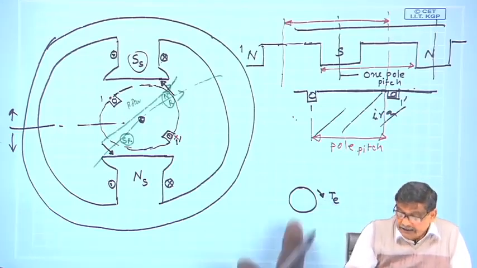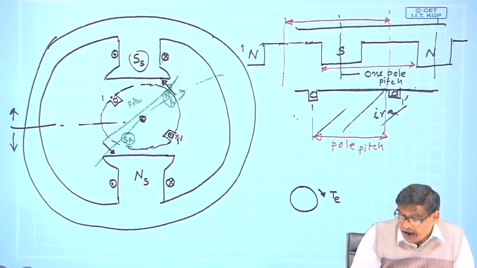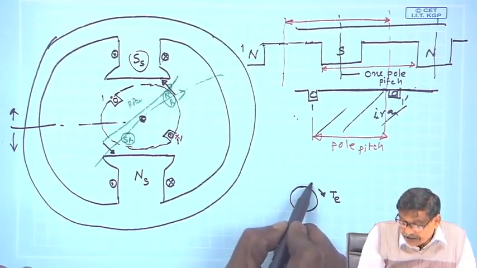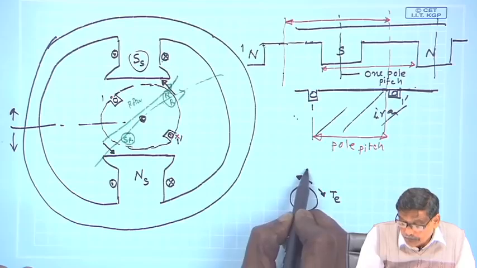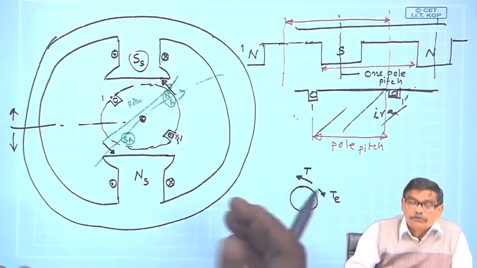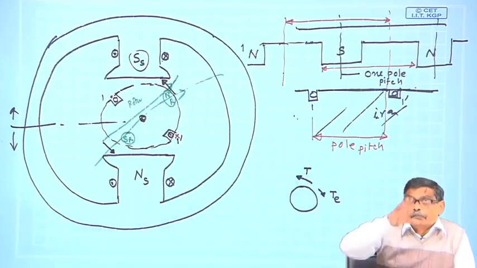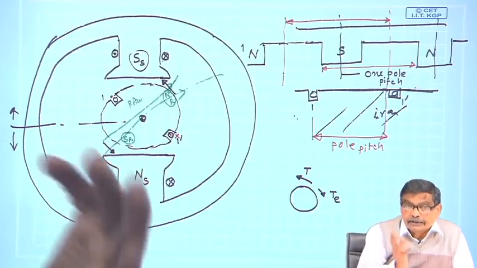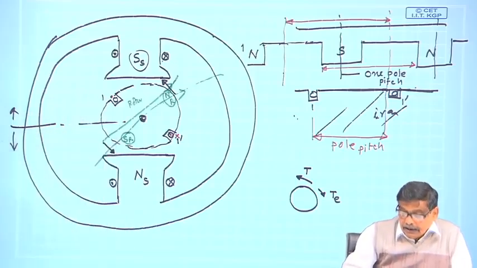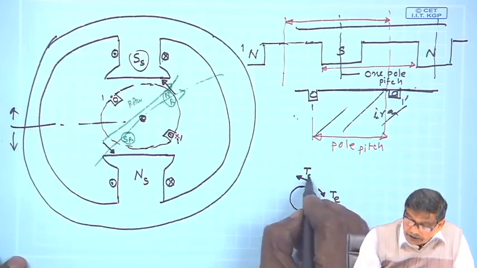And if somebody says it is running at a constant speed, I will demand that on the shaft there is some opposing torque present in the form of friction. The blade of the motor has to run against wind. So, that is the opposing force.